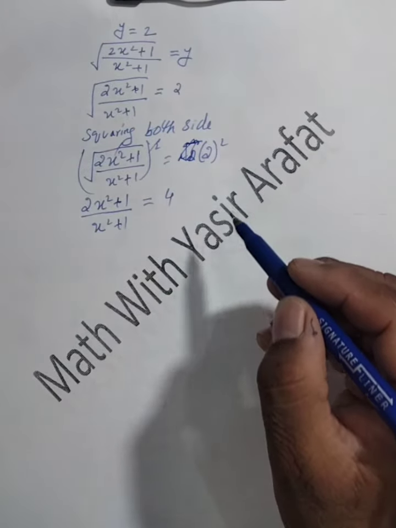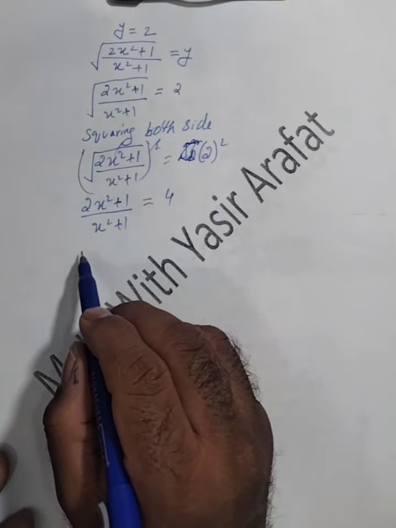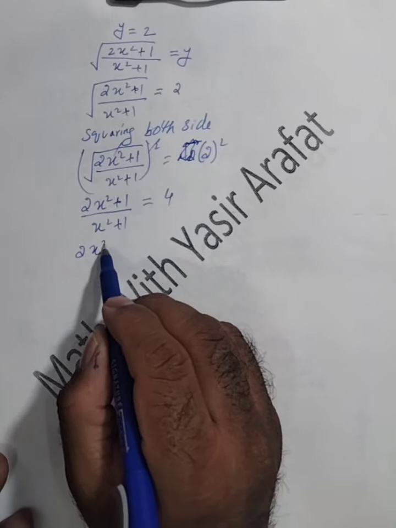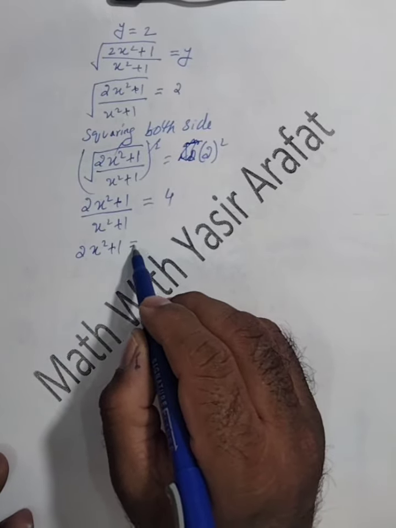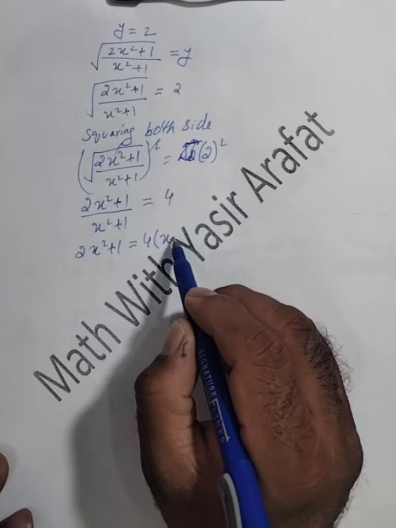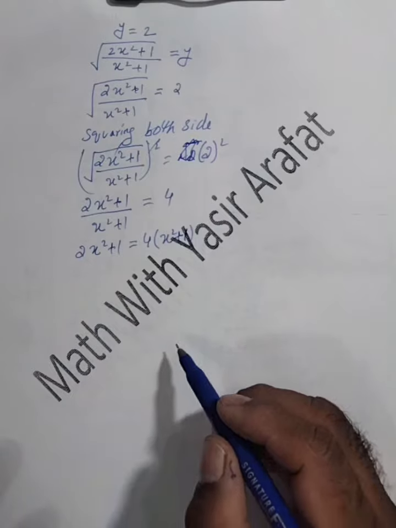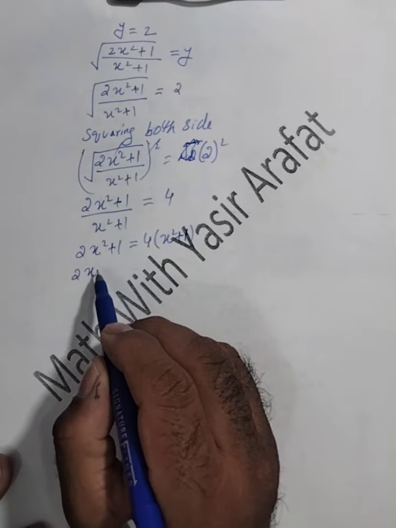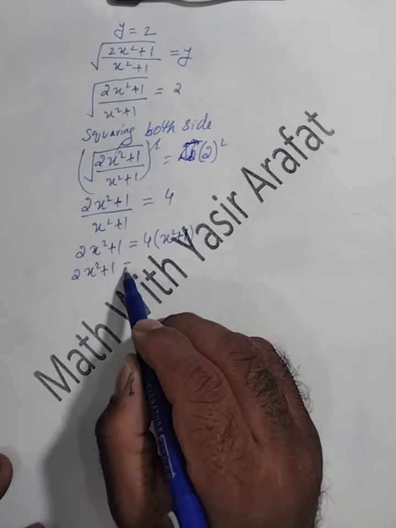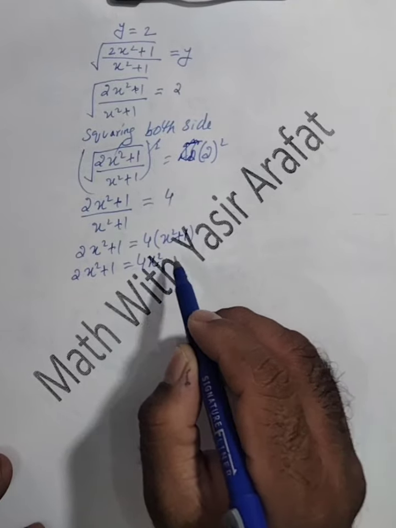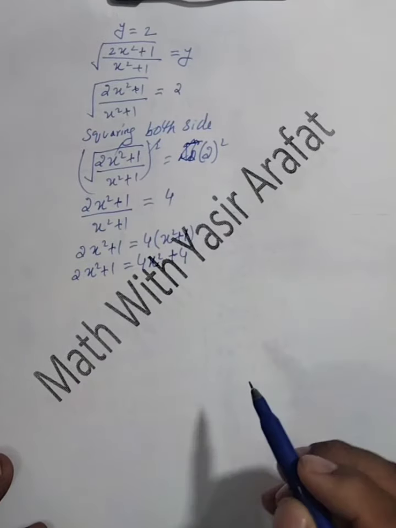The square of 2 means 2 multiplied by 2, it is equals to 4. And this is 2x square plus 1 equals 4 times x square plus 1. We have to shift this denominator to the right hand side. So this is 2x square plus 1, 4x square, 4 ones are 4.